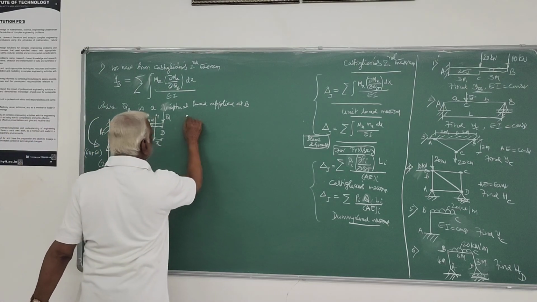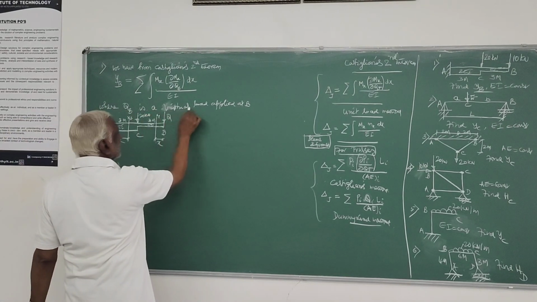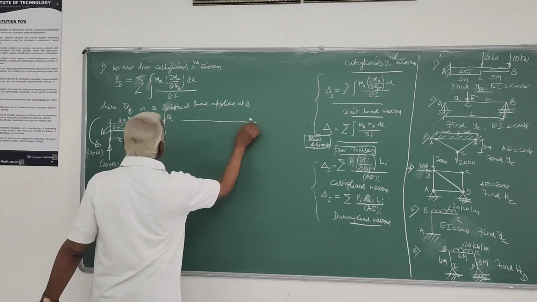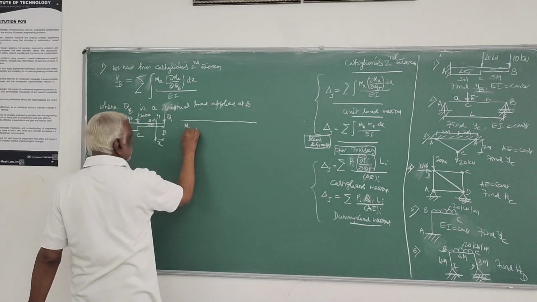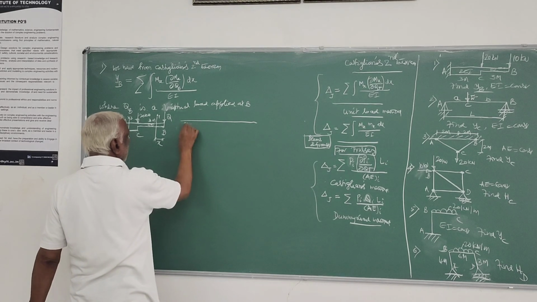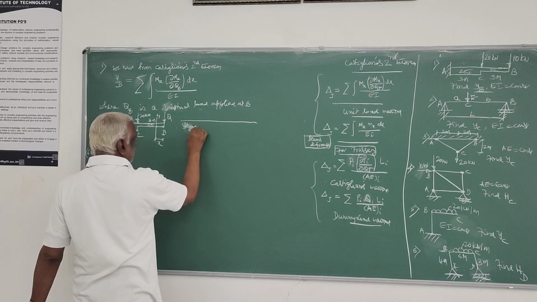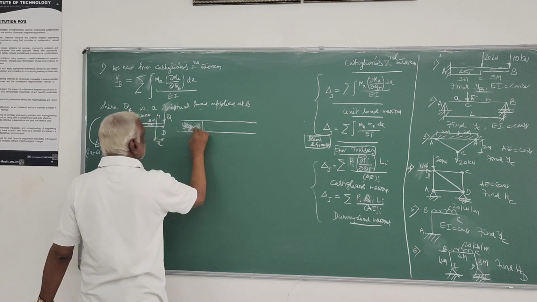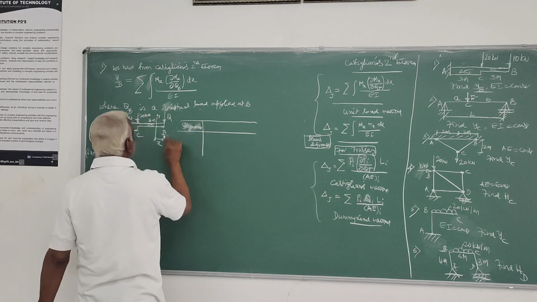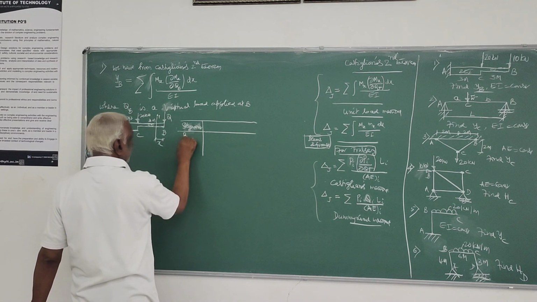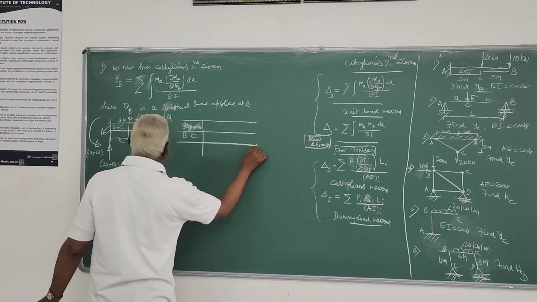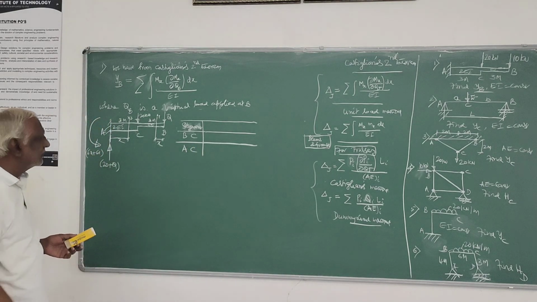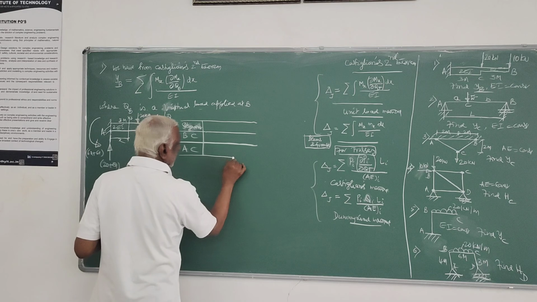Now we can prepare the table. So QB is the actual load applied at the beam. Then you prepare a table for Mx, taking segment BC and another segment AC. Two portions of the beam I am considering for Mx determination.